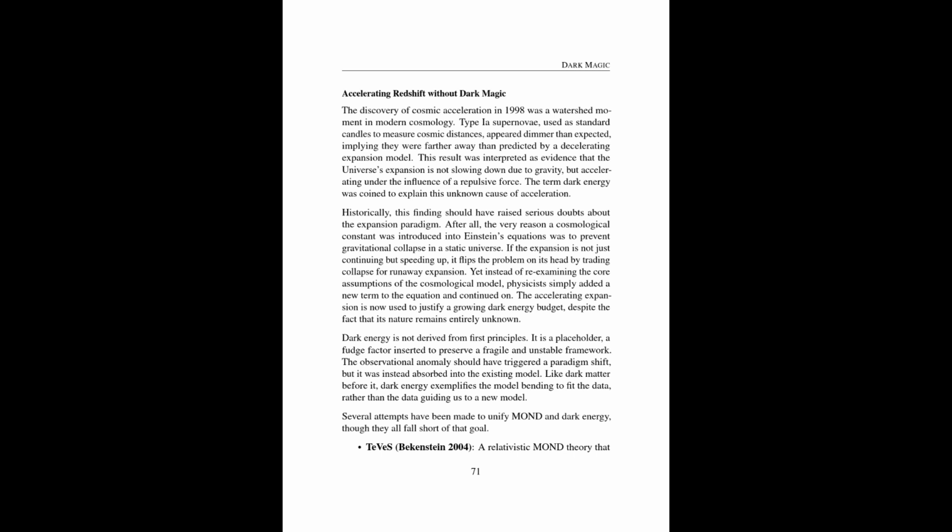Yet instead of re-examining the core assumptions of the cosmological model, physicists simply added a new term to the equation and continued on. The accelerated expansion is now used to justify a growing dark energy budget, despite the fact that its nature remains entirely unknown.